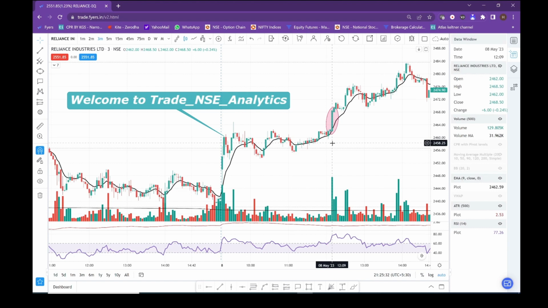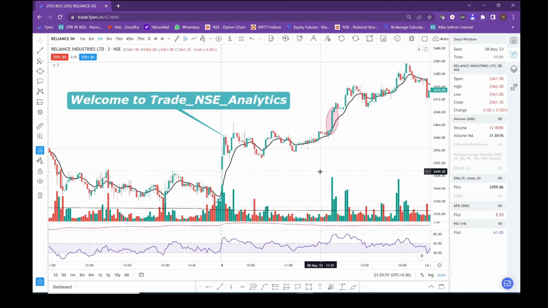That means the price has moved up and the trend is up. Since it has no wicks, as you can see here, there are no wicks, we can say that the price has moved in one direction for this complete 3 minutes without any deviation. Okay.